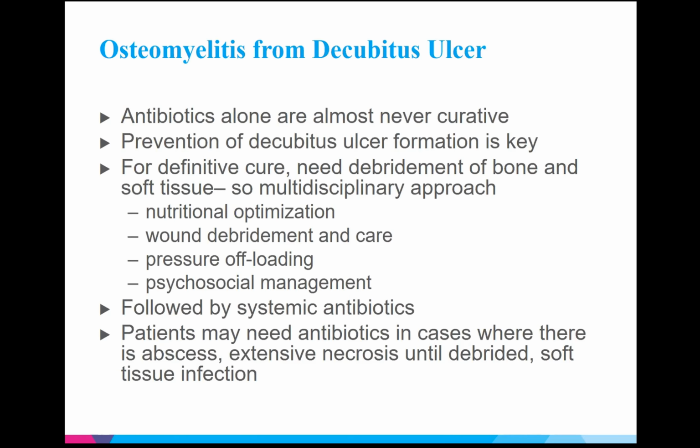And antibiotics alone, once you have a decubitus ulcer with osteomyelitis, is never curative. So we always want to prevent decubitus ulcers on the other side as well, to really get a definitive cure.